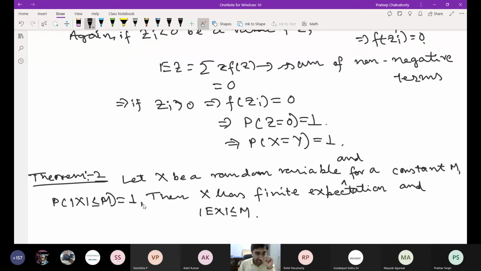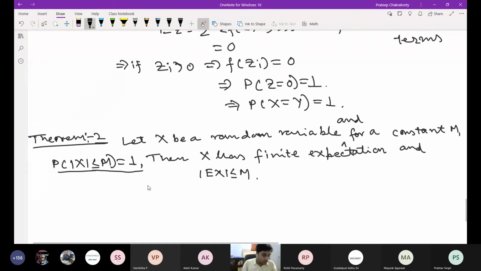Okay, so this is very important: the set of points at which |X| is less than or equal to M has probability 1. Or in other words, if something has a value greater than M, that has probability 0. We have seen that if X and Y have expectation, then E(X+Y) is equal to EX plus EY.